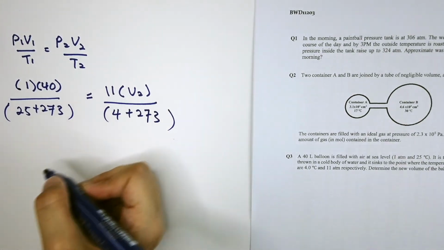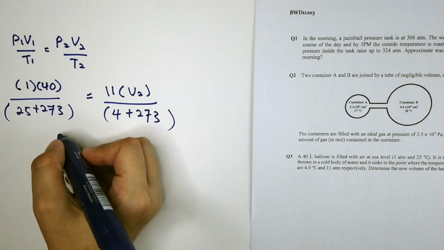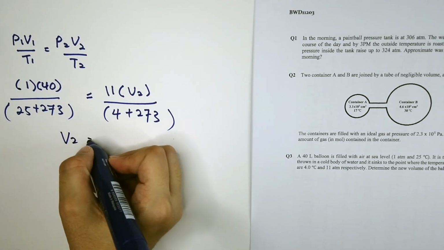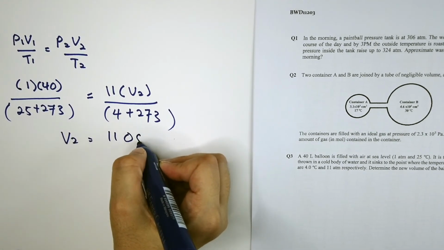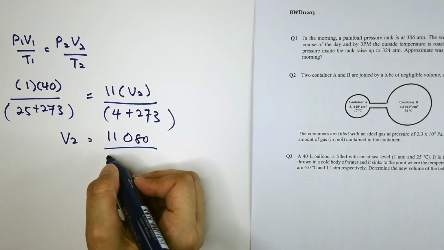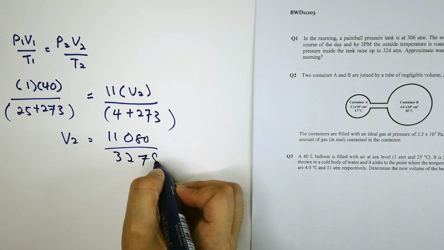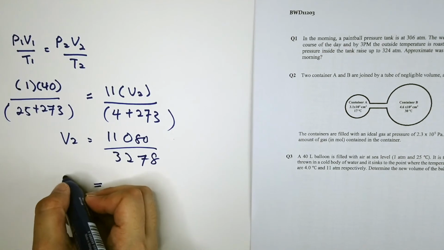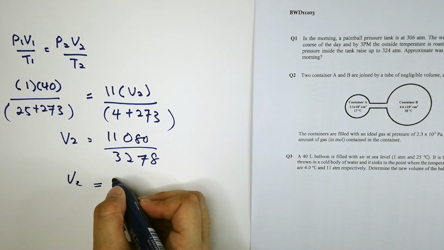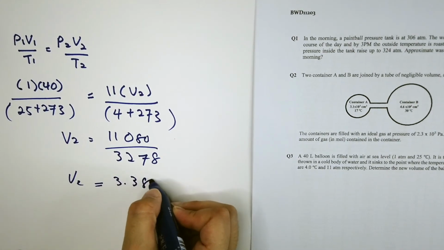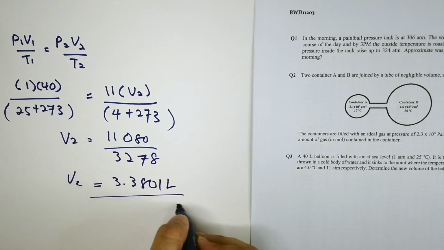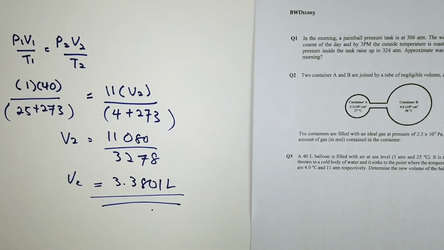So you should get V2 equivalent to 11080 divided by 3278. So you should get V2 equivalent to 3.3801.